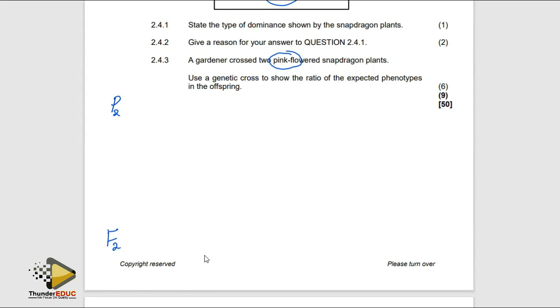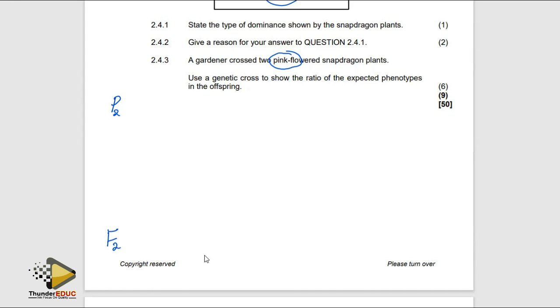We mark this as one, so we give you one tick there. So don't forget, if you write P2 or P1, F1, it must be P2, F2, P1, F1. If you write one and you don't write the other one, then you get it wrong. For example, if you write P2 and don't write F2, you don't get a tick.